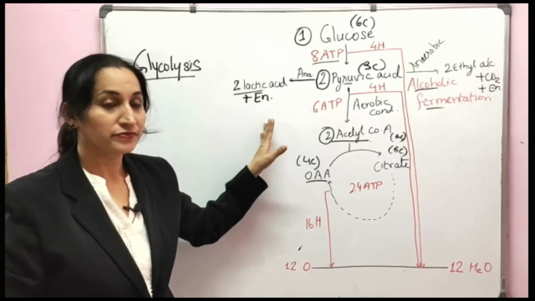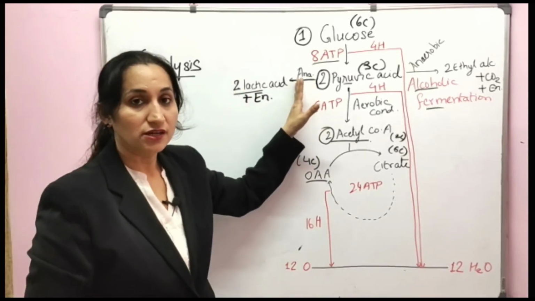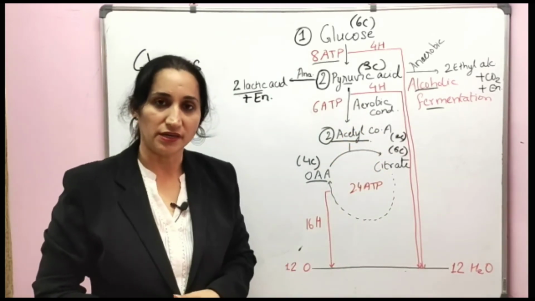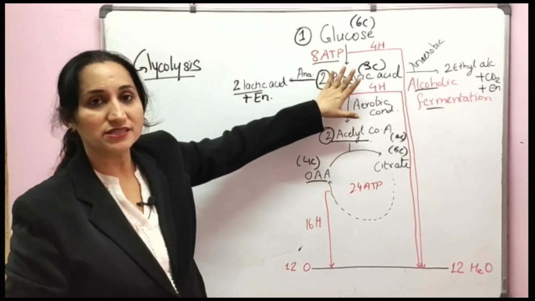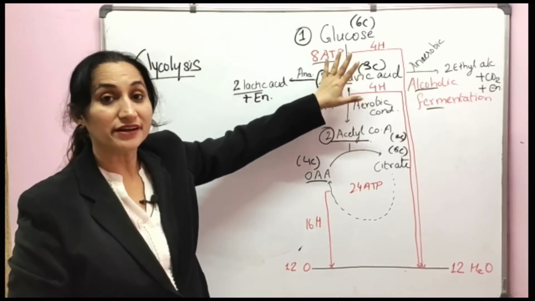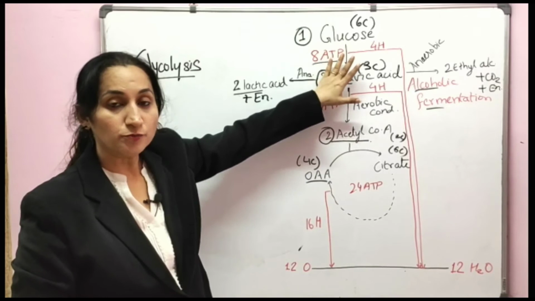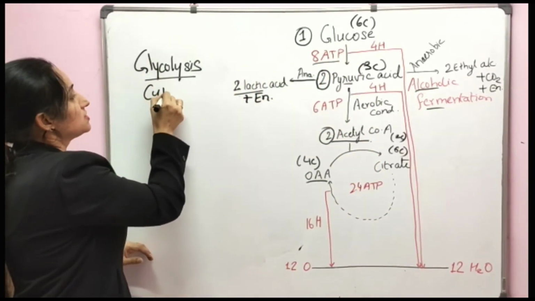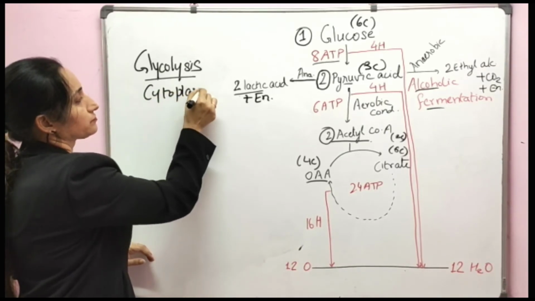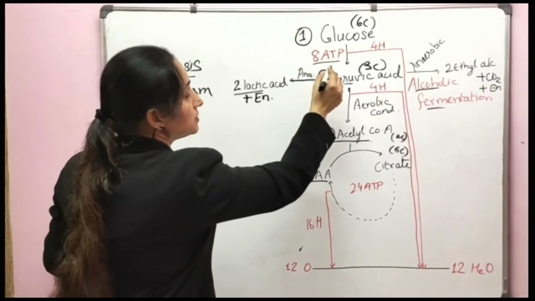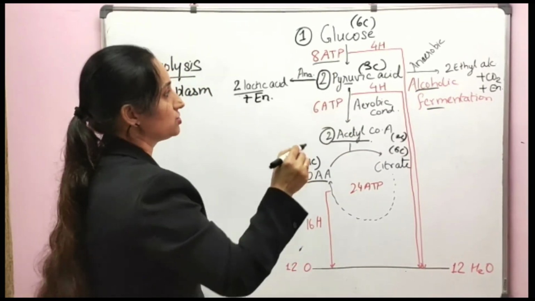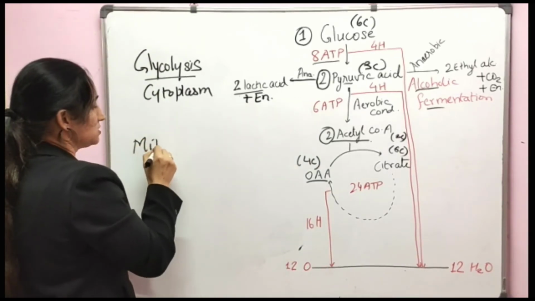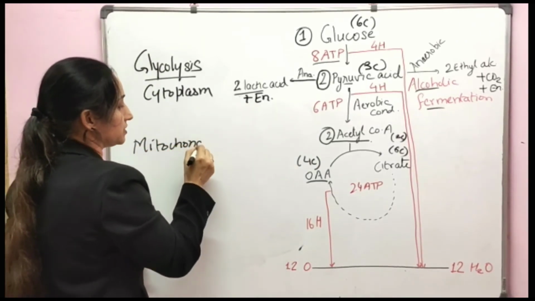In the third case, pyruvic acid will get aerobic conditions and it will form two molecules of acetyl coenzyme A. In this case, pyruvic acid will get transported from cytoplasm to mitochondria. Actually, this glycolysis occurs in the cytoplasm of the cell. And the next stage is in aerobic conditions, pyruvic acid gets transported to the mitochondrial matrix.